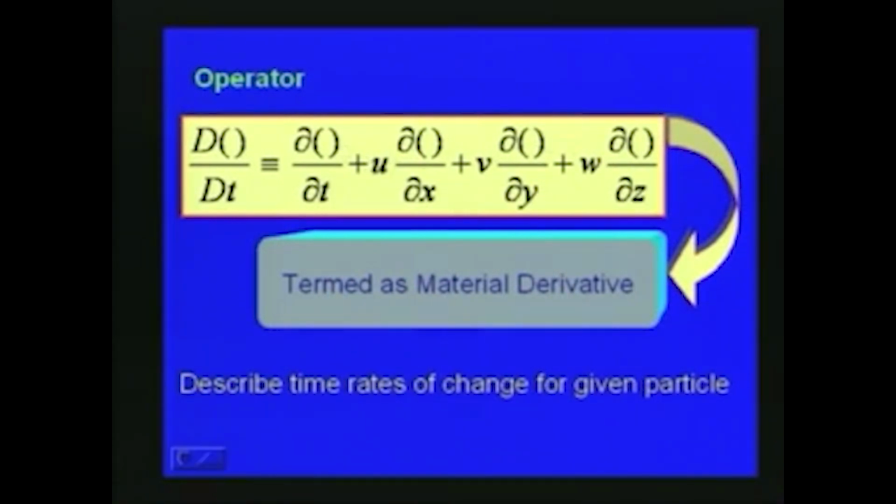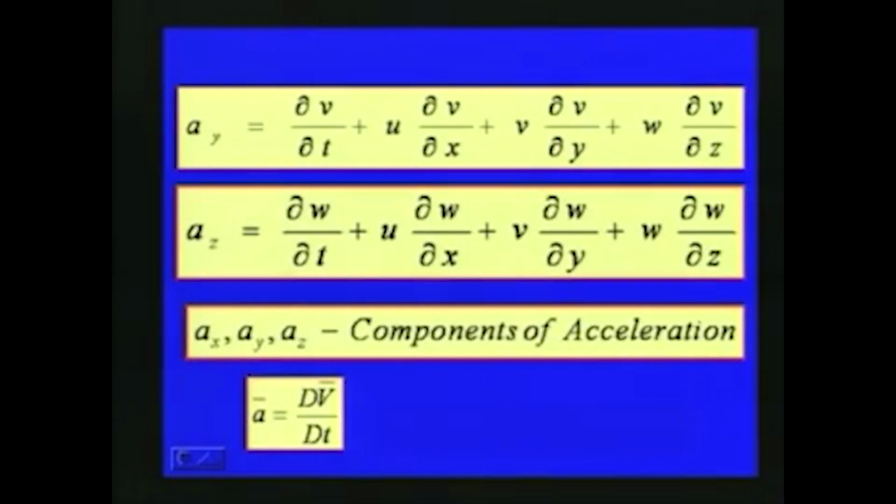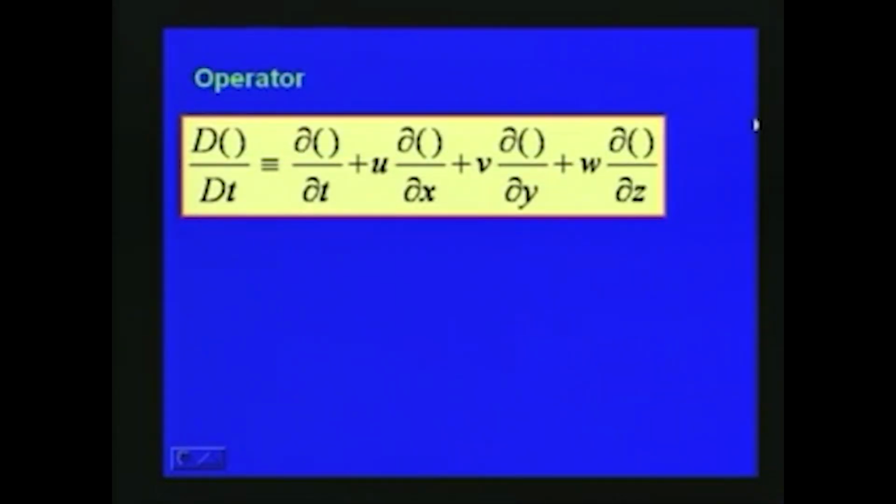Now in the previous slide we have seen the acceleration with respect to the x, y, z components. With respect to this, we define the total derivative operator as d by dt, which is equivalent to the local derivative del by del t, that means with respect to time, plus u into del by del x plus v into del by del y plus w into del by del z.